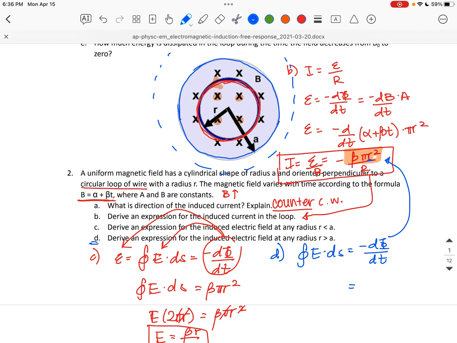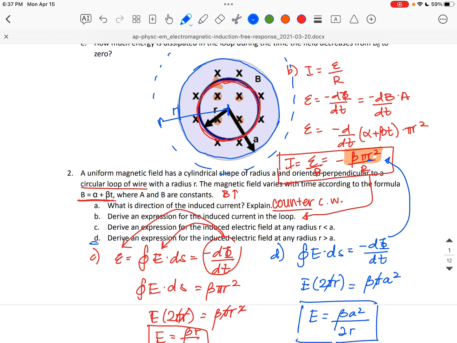So here it's going to still be beta pi, but it'll be beta pi a squared, and then that's equal to the enclosed integral, or instead of enclosed integral, we'll do E times that circumference of 2 pi r, some arbitrary radius out here, r, and we can see that our function doesn't reduce quite as much, but we get an electric field of this magnitude right here.